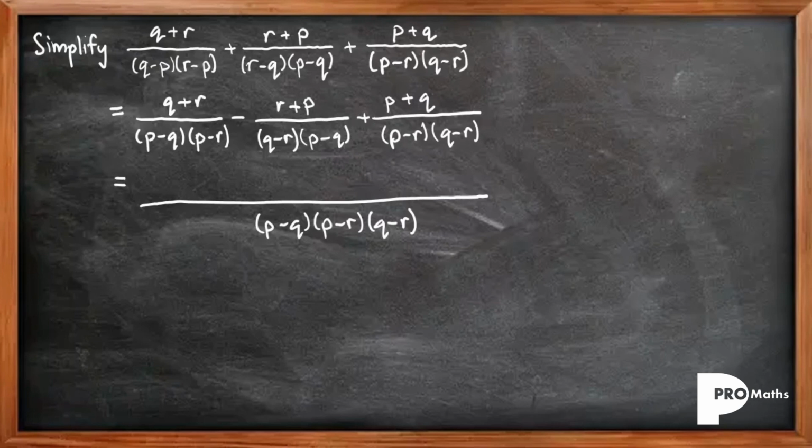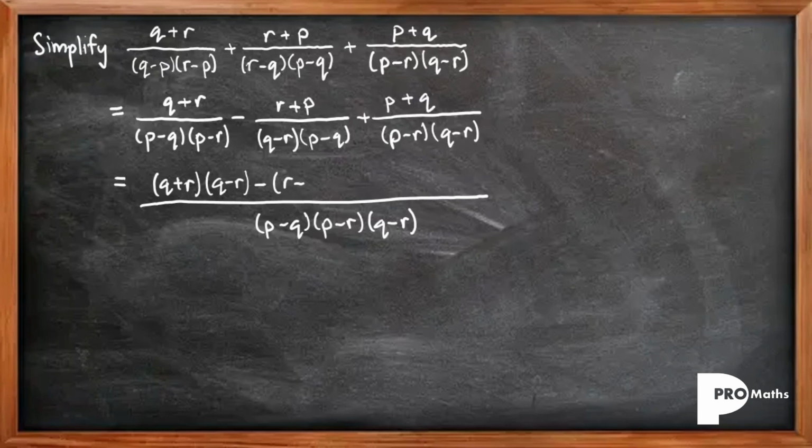So in order to achieve that, the numerator of the first fraction, we've already got these two, so we're going to have to multiply this one by q minus r, and we're just going to do this for all the other ones.